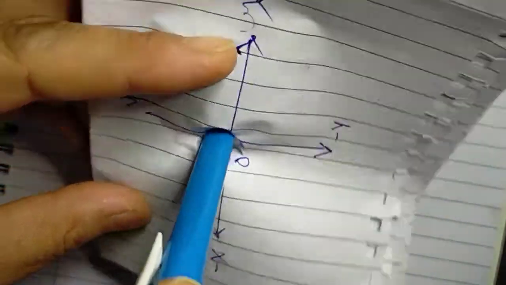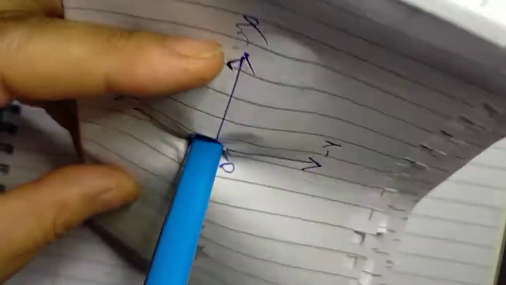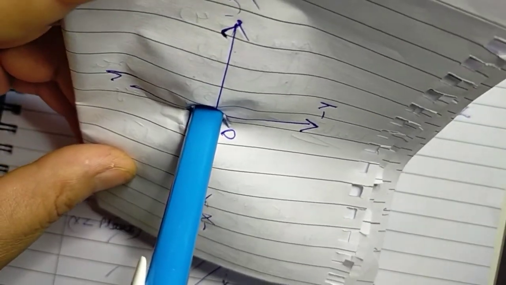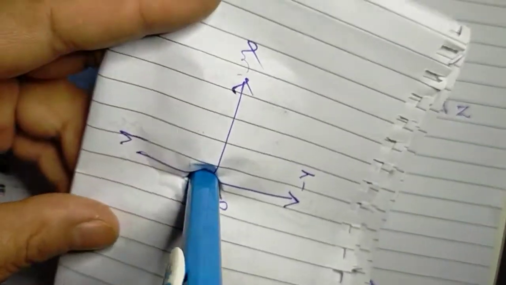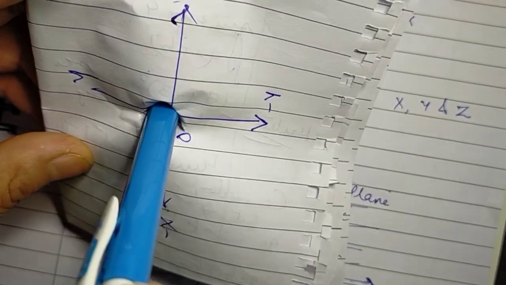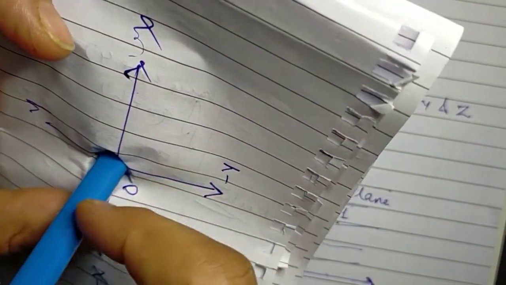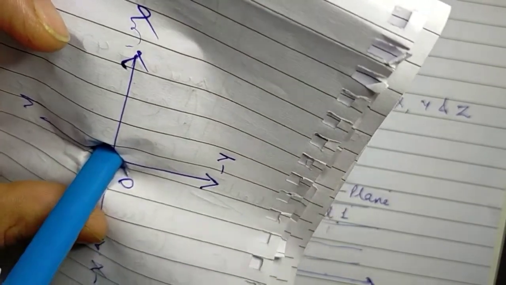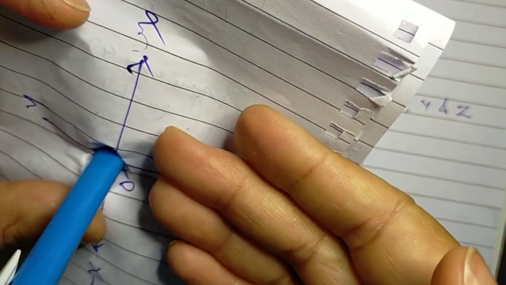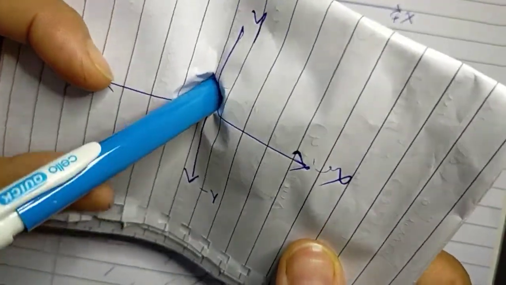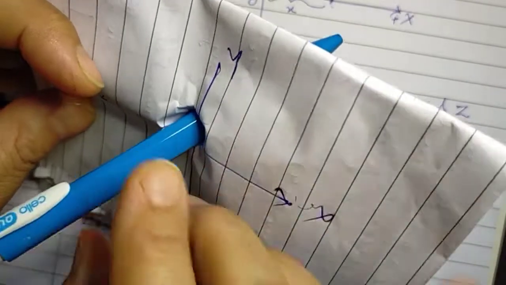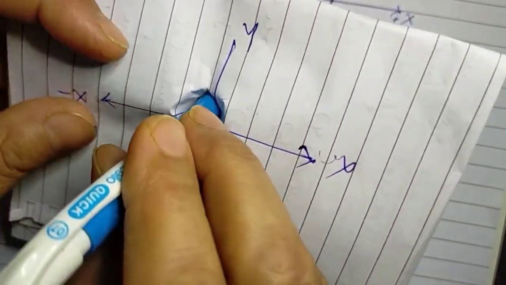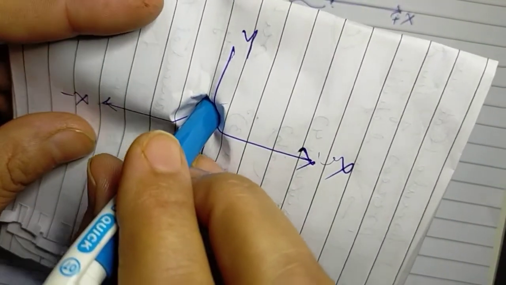We are inserting a pen in the direction which is perpendicular to the plane of the paper. So this is called the z-axis. As you can clearly see, these two are perpendicular directions and this is another direction. This pen is perpendicular to the plane of the paper, so it is perpendicular to both the x-axis as well as the y-axis. If this pen comes towards us, this direction is the positive z-axis.